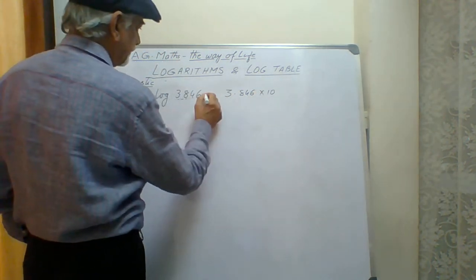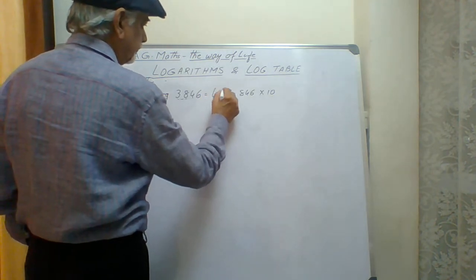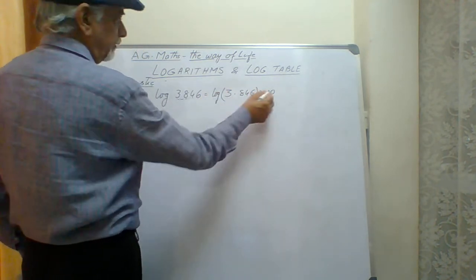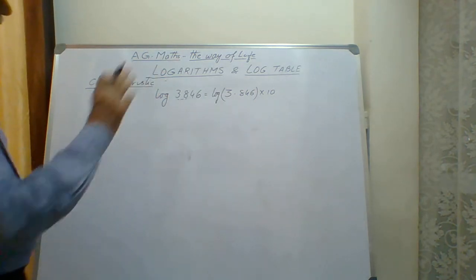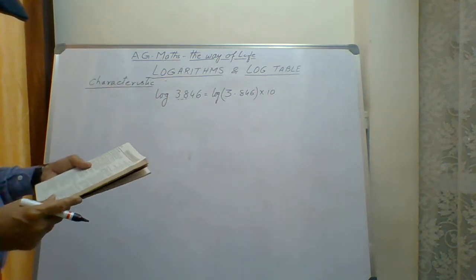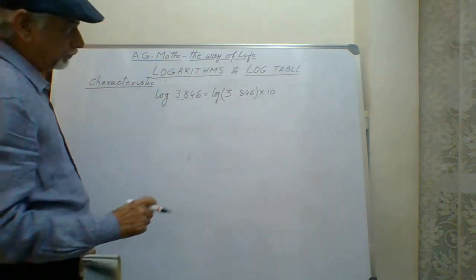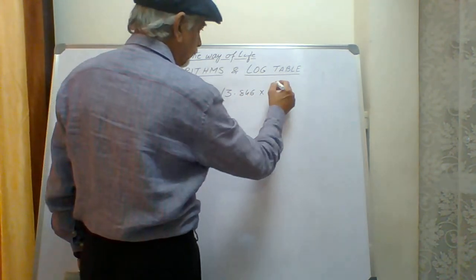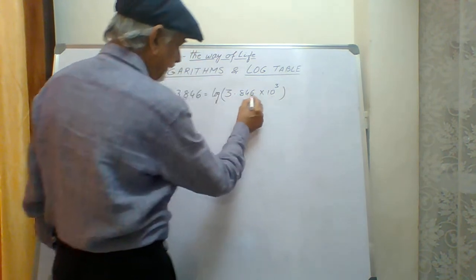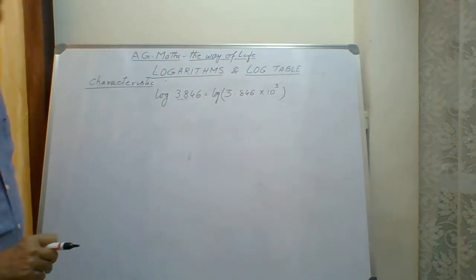Instead of writing this, we can also say it is log of this much. If I multiply by 10 cube, then the 3 digits will get inside. Correct?